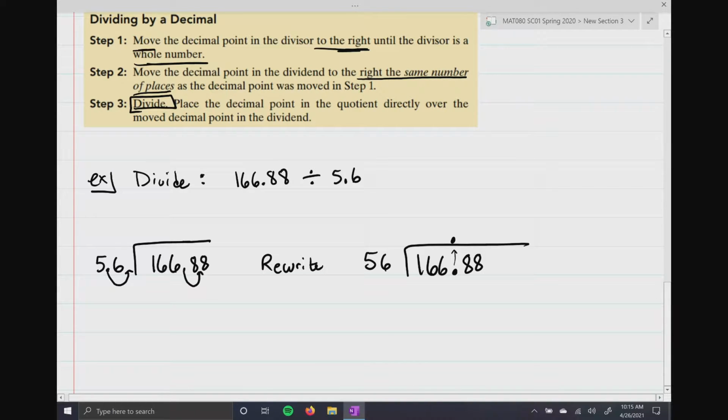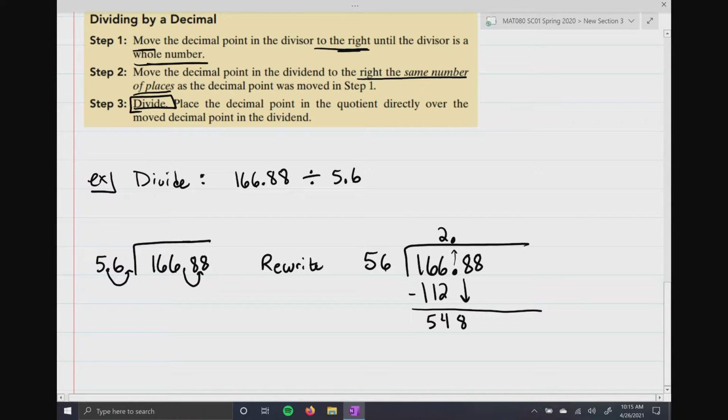All right. So let's see here. 56 goes into 1. It doesn't. 56 does not go into 16. It doesn't. 56 goes into 166 2 times. That's going to be 112. Now I just subtract. 6 minus 2 is 4. 6 minus 1 is 5. 1 minus 1 is 0. Drop down the 8.